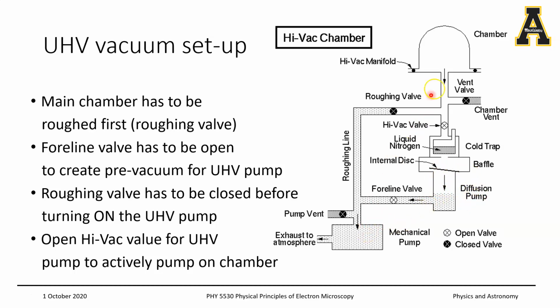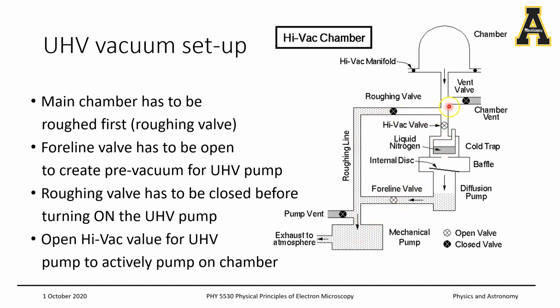So what you need to do is first bring down the chamber pressure to a certain value that is attainable by the mechanical pump, right? So you open the roughing valve. So now the mechanical pump can actively pump on the vacuum chamber right here, and you have to make sure that your high vacuum valve is closed, and so is the foreline valve.